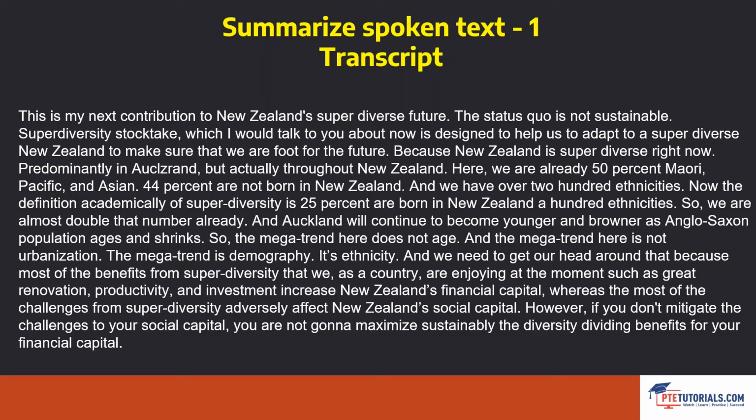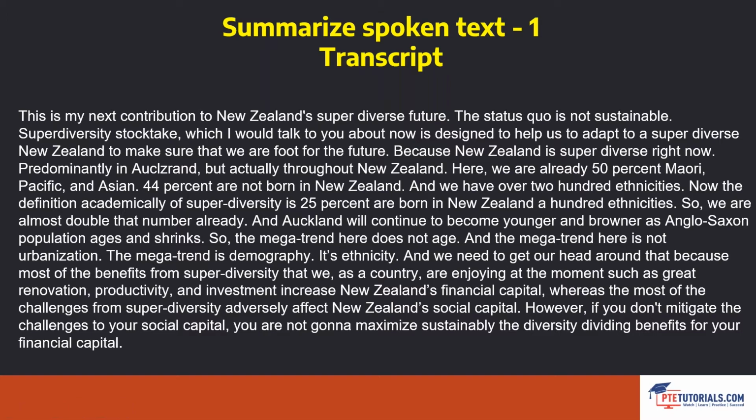And we need to get our head around that, because most of the benefits from super diversity that we as a country are enjoying at the moment, such as greater innovation, productivity and investment, increase New Zealand's financial capital, whereas most of the challenges from super diversity adversely affect New Zealand's social capital. However, if you don't mitigate the challenges to your social capital, you are not going to maximise sustainably the diversity dividend benefits for your financial capital.